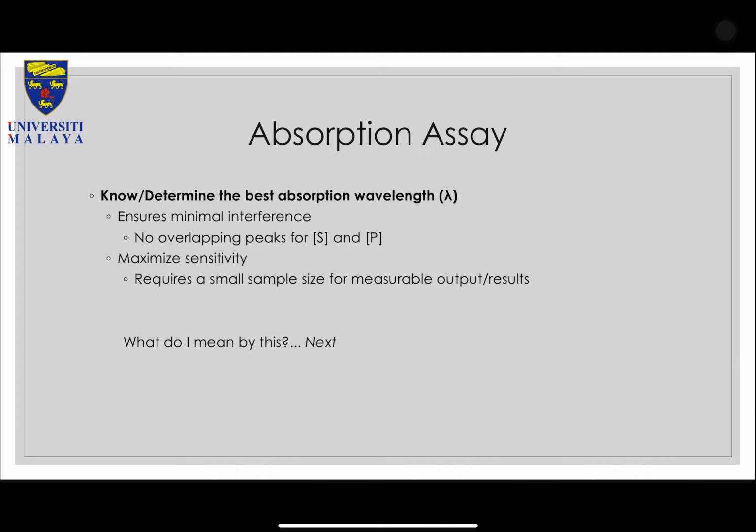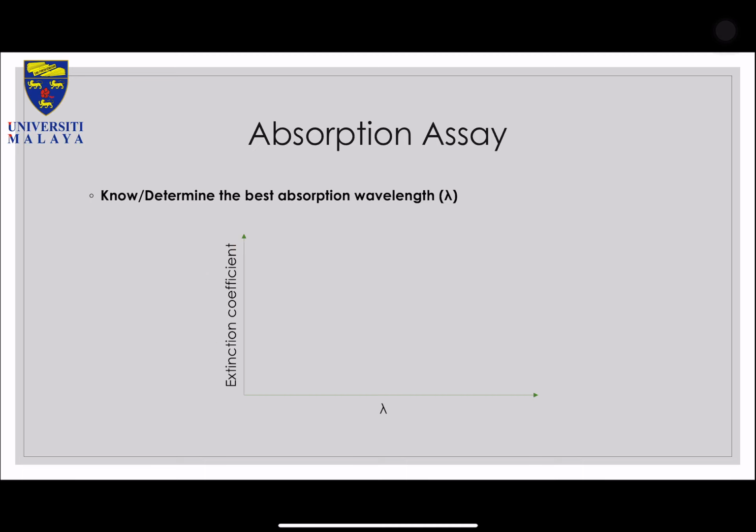All right. So to look at this in more detail, determining the best absorption wavelength is first to ensure, why do you need to do this? It's to ensure minimal interference, so no overlapping peaks between the substrate and the product. Okay, I will draw the graph.